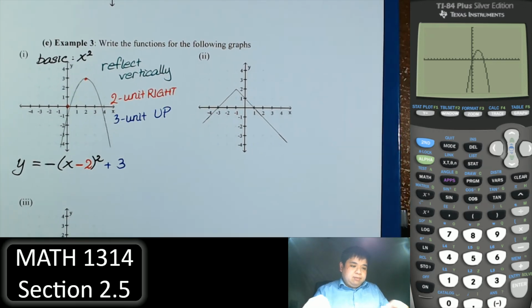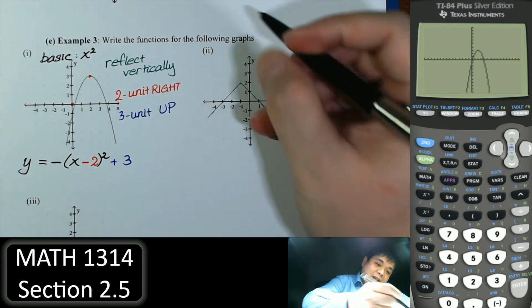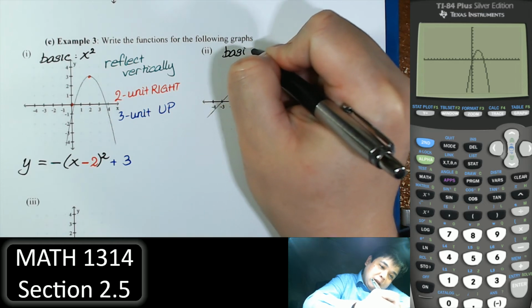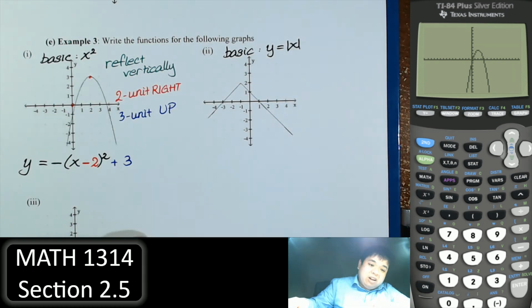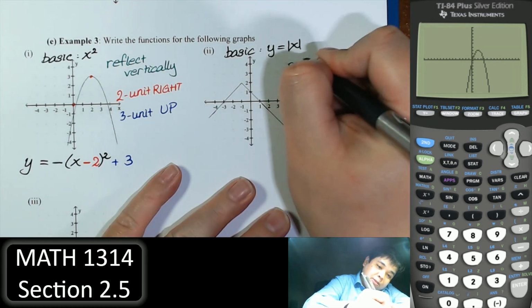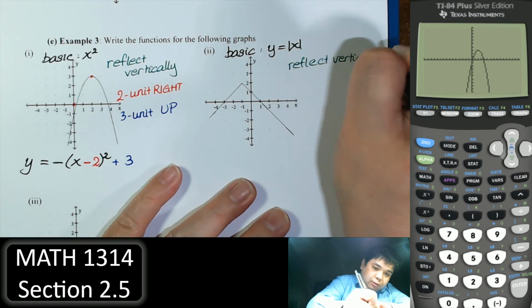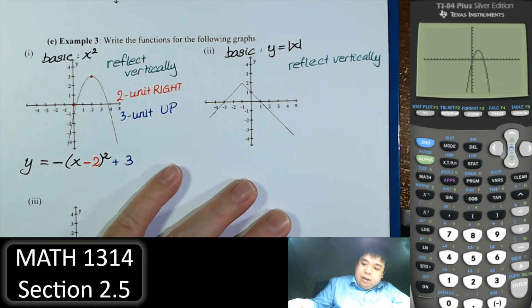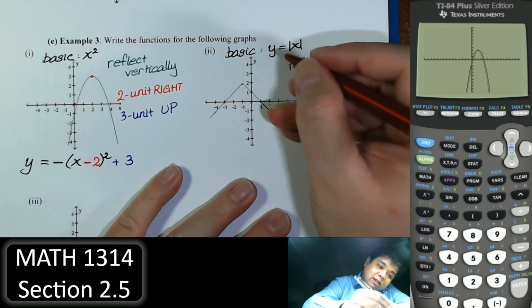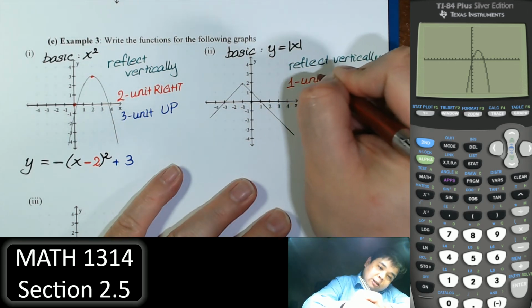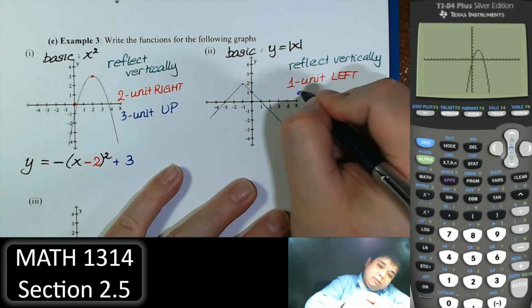Right, next. This is the shape of the V, so that is the basic graph of absolute value of x. It does reflect vertically. But the point 0, 0 moves 1 unit to the left, and then 2 units up.